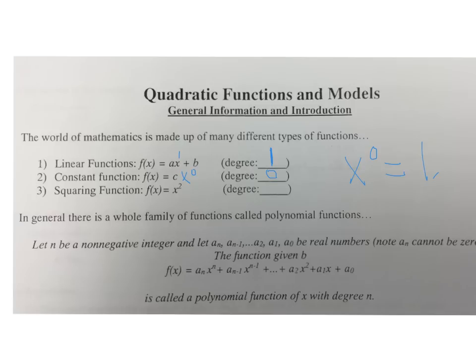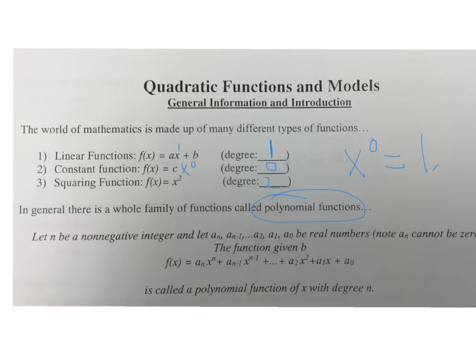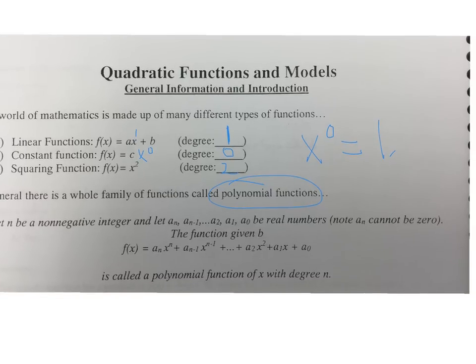And on the next one, the squaring function, the quadratic, the x here has a 2, so its degree is 2. And there's a whole family of functions that have powers on x, which we all know as polynomials. The formal definition is written right here. It says, let n be a non-negative integer such that you have a sub n, a sub n minus 1, all the way on, and that a sub n cannot be 0.